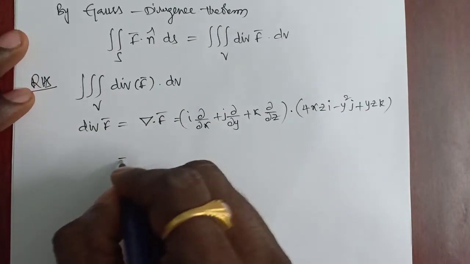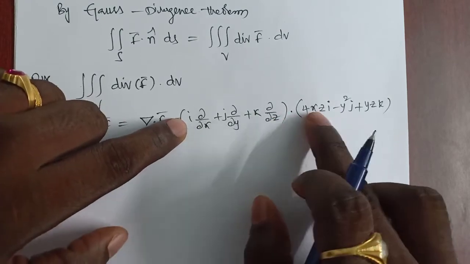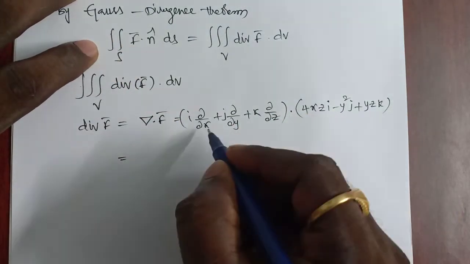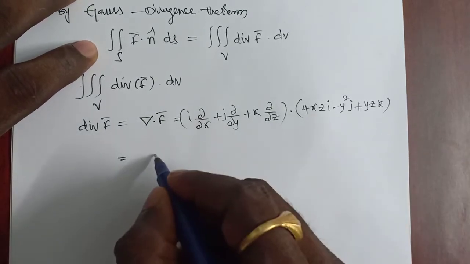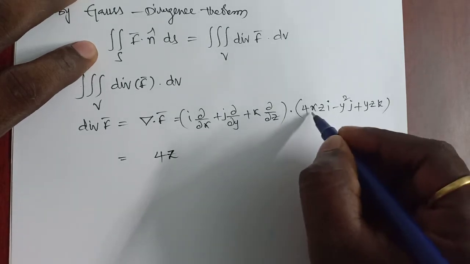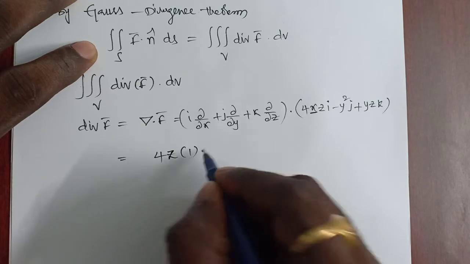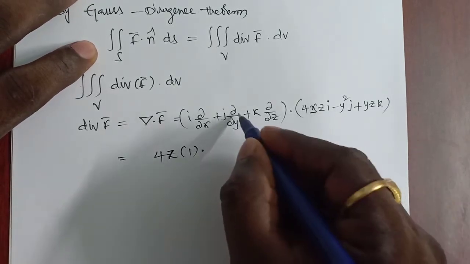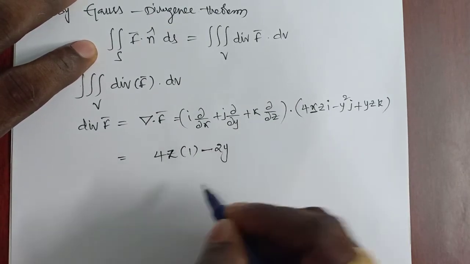Now see, coming to the dot product, i dot i is 1, so dou by dou x of 4xz. If you want to differentiate with respect to x, treat z as a constant, 4 is already constant, 4z is a constant, and for x the differentiation is 1. Next, j dot j is 1, now dou by dou y of y square is 2y, so minus 2y.